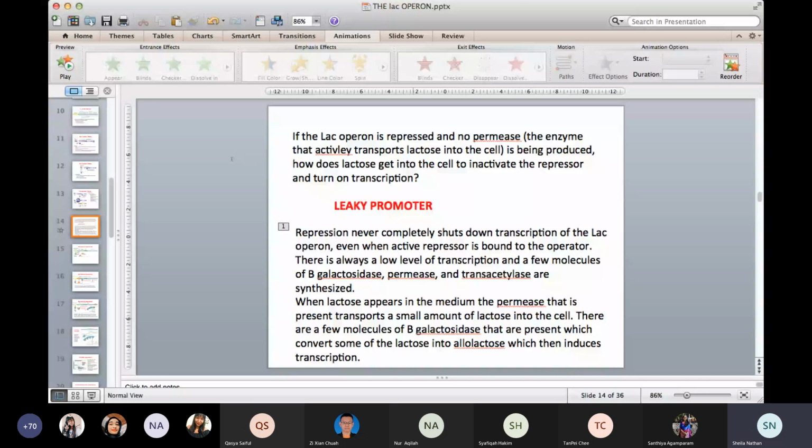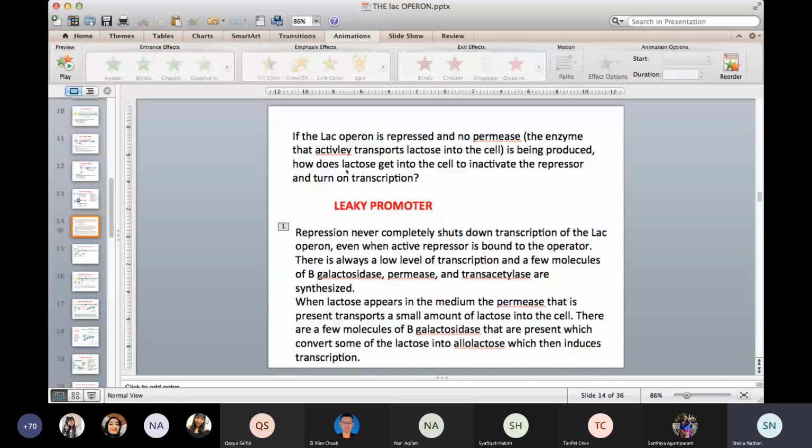Some of the beta-galactosidase from the leaky promoter transcription will convert the lactose into allolactose. Allolactose will bind to the repressor molecule, and this will start full-time, 100% transcription of the lactose operon, until all the lactose can be broken down to produce glucose.